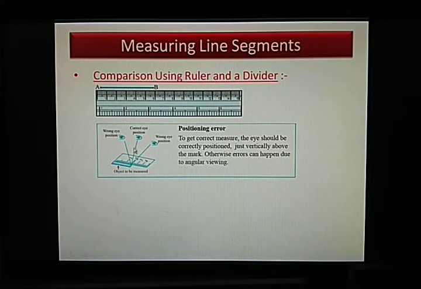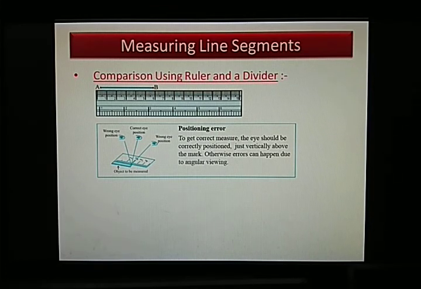To read the value on the ruler, you have to look directly, vertically above the ruler. But most of the time we look from the side, and then we may not get the exact length.